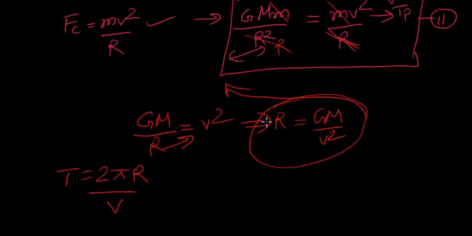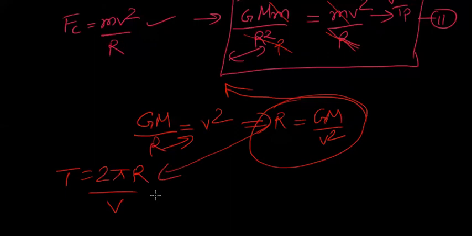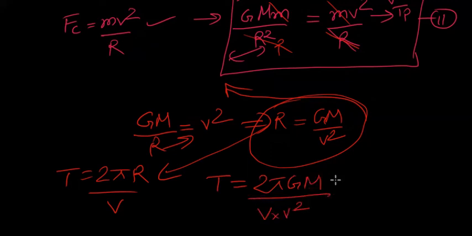After the substitution, the time period comes out to be 2 pi G M by v multiplied by v square, which works out to be 2 pi G M by v cube.